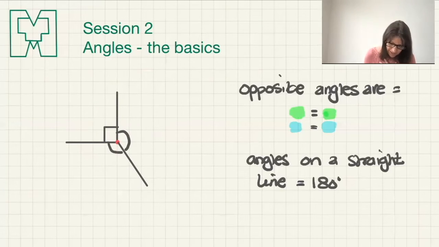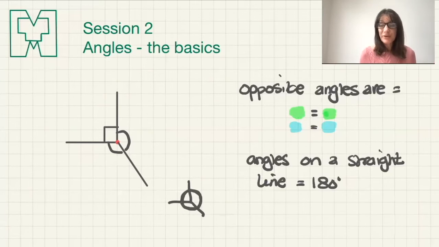Now, if I draw that again, but this time draw all the angles so that they're in a similar position, so there, there, and there, what can you see? You can see a circle. You can see a circle really clearly. Okay, and knowing that the angles around a point create a circle helps me know the magic number for these types of questions. So it's 180 degrees on a straight line.